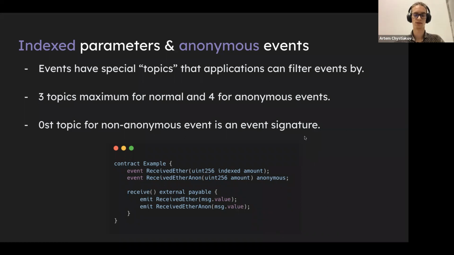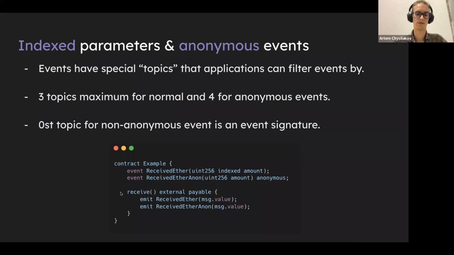Quickly, the receive function gets called when you're calling this contract and the data you specify is empty. So you can call it with empty data and zero value and still call this function.